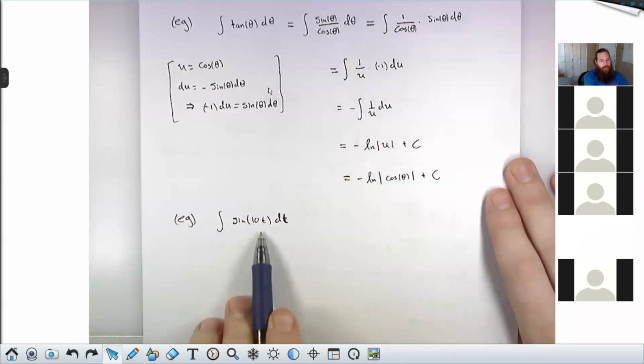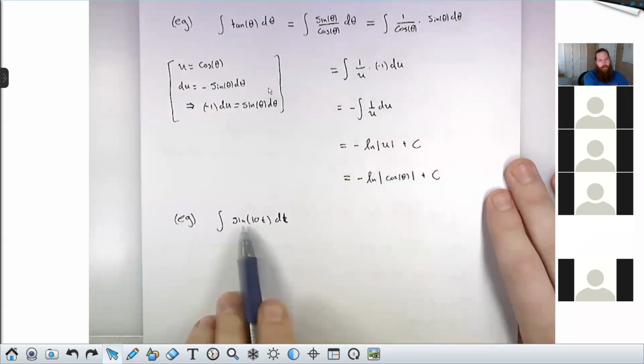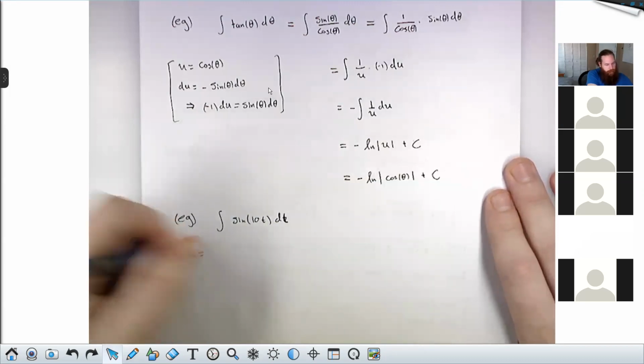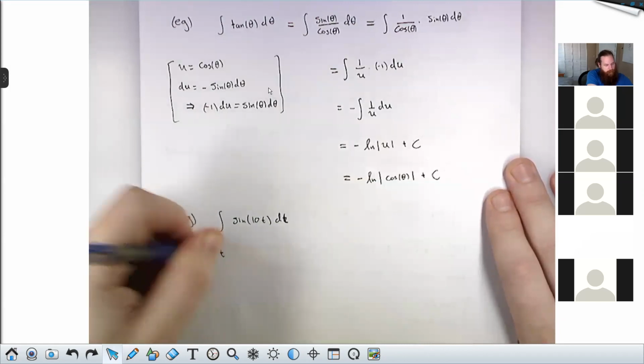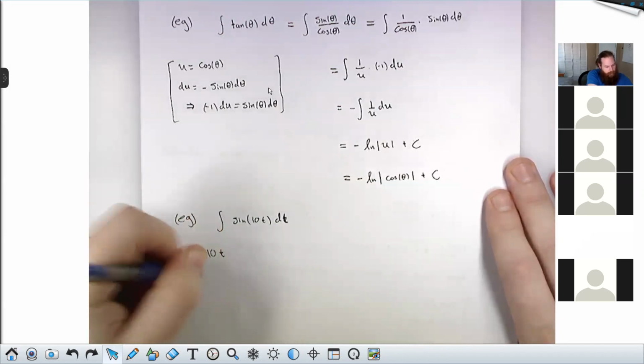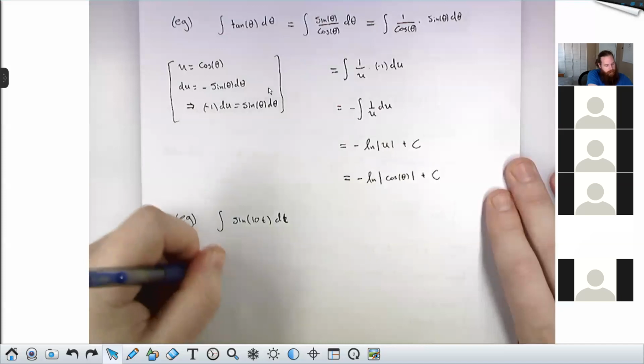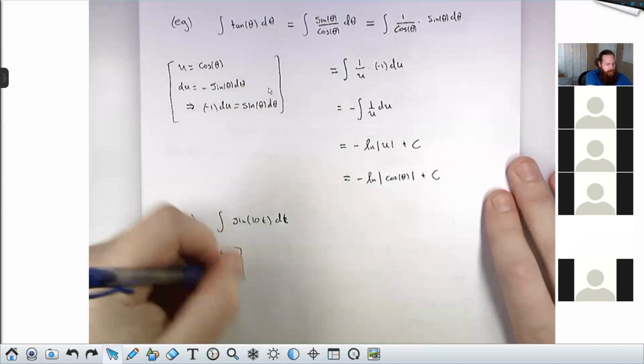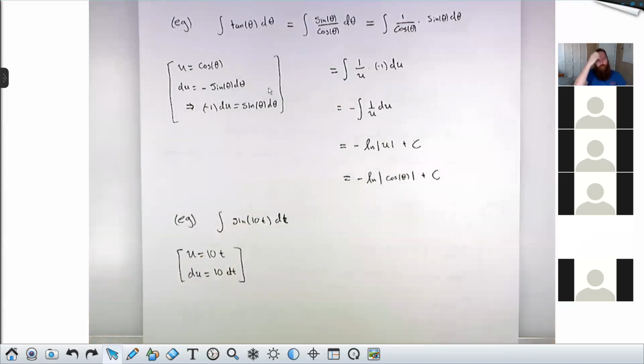Here, it's the 10 that's causing problems. My outer function is sine, my inner function is this 10t. So I want to let u be 10t. du is then 10 dt. But I don't have a 10 dt floating around inside my integral to use.